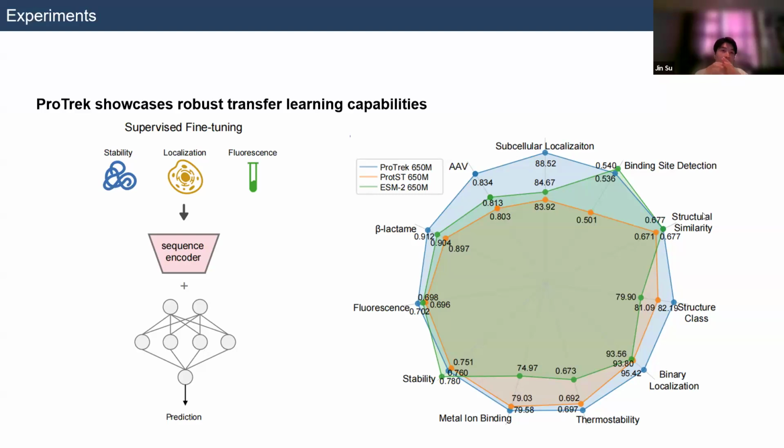Generally, we cannot obtain a foundation model that can outperform all other models in all tasks. It's very hard. I don't know of one model that can beat every model in all tasks.